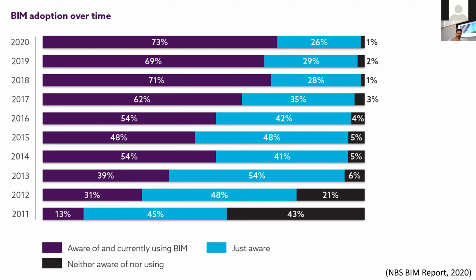And you can see throughout the years this percentage has increased, up until less than 1% are not aware, and around 73% of those same companies, through the survey that's done every year, are aware and currently using BIM in one way or another in their design process, or even their operation and maintenance processes.